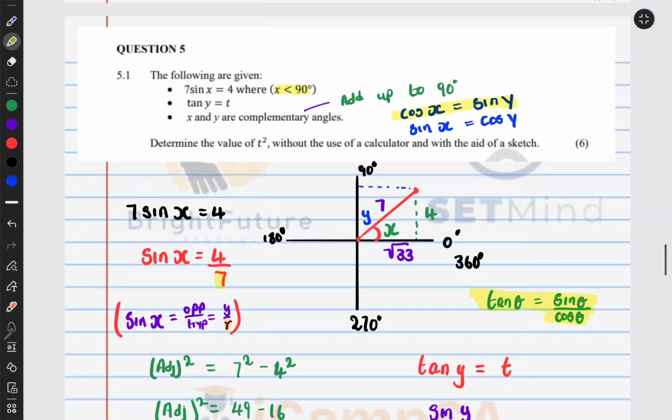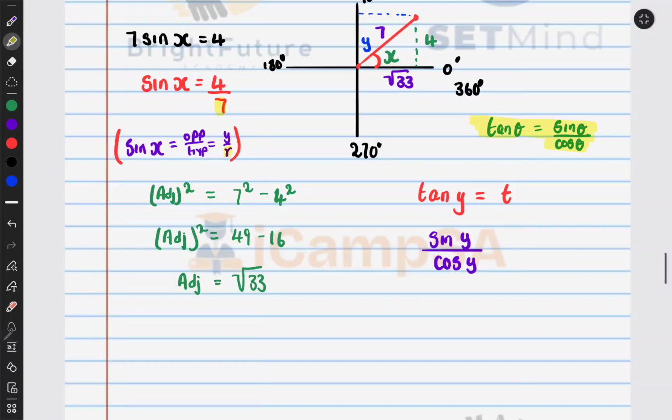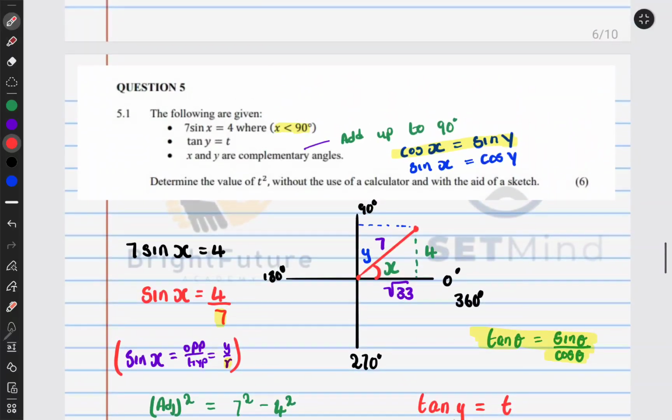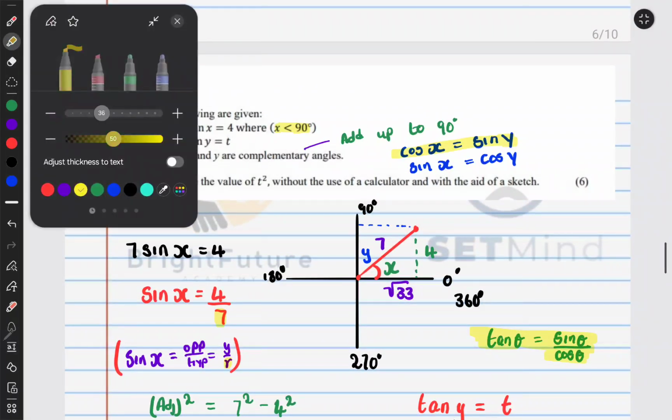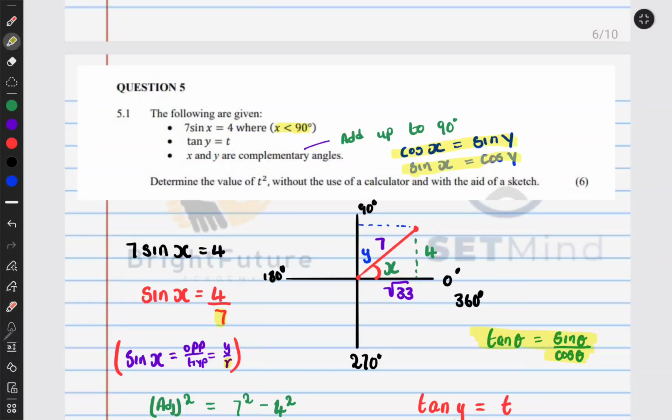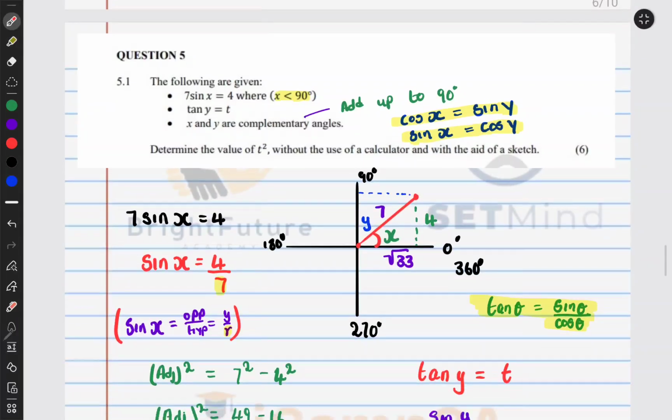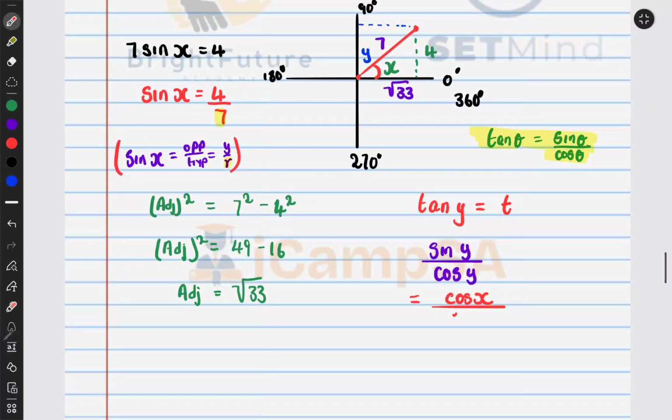So we say sine y is equal to cos x, so this is going to be cos x over, but we also know that cos y is equal to what? Cos y is equal to sine x. So therefore we can say over sine x.